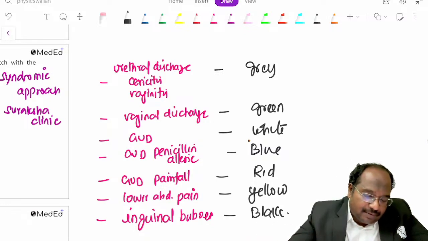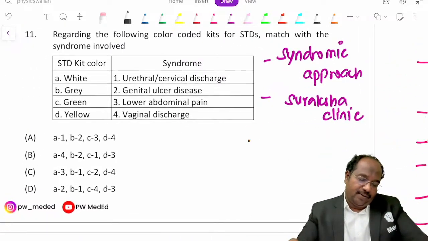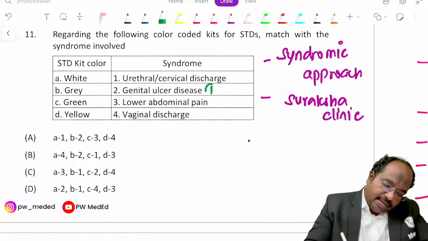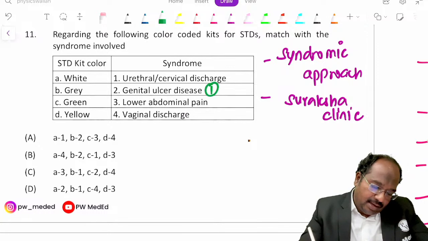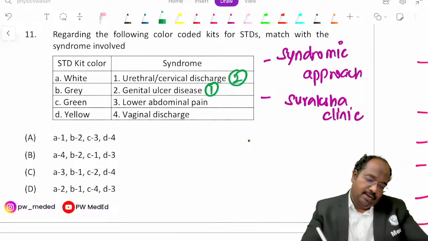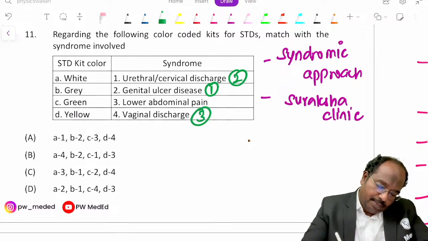We have to do the match the following. White color we can go with, genital ulcer disease. Gray color is this one. Green color, third. Yellow is lower abdominal pain.